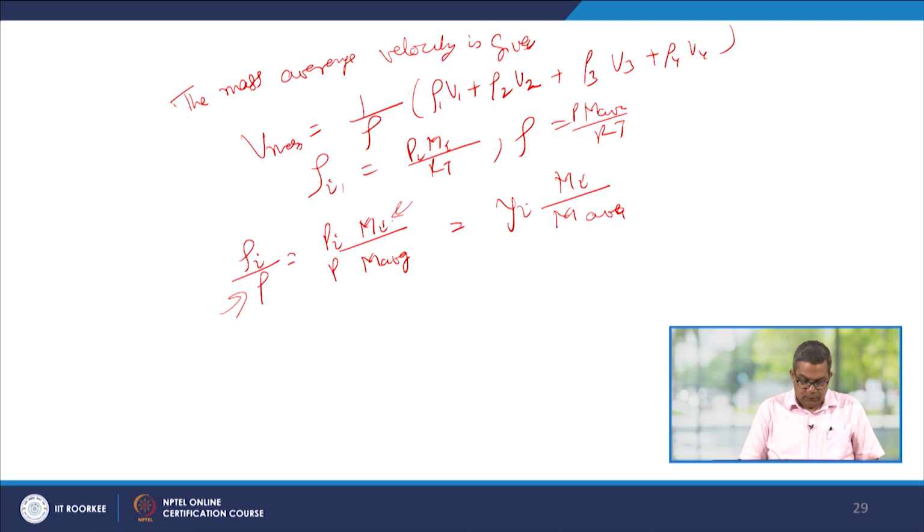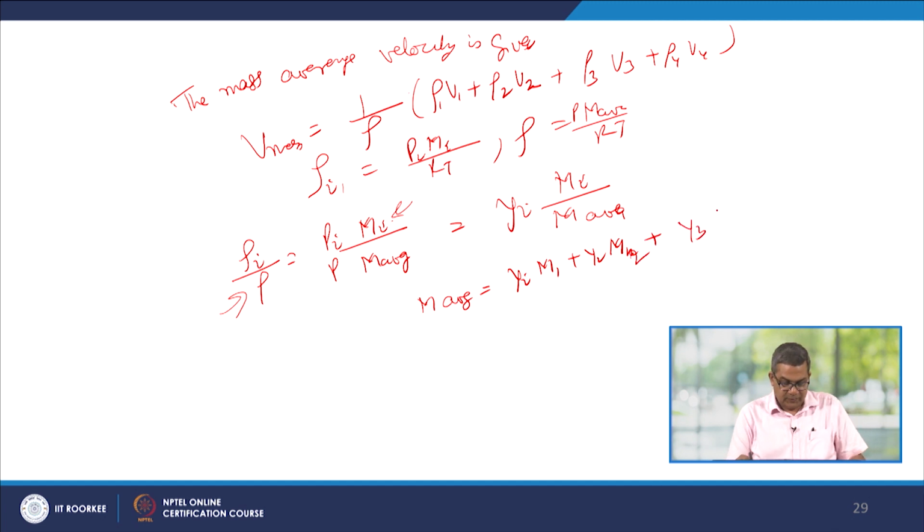Now, if we put all the values, M average is equal to y1 M1 plus y2 M2 plus y3 M3 plus y4 M4, and if we substitute the values, 0.15 into 2 plus 0.3 into 28 and so on, this comes out to be 24.9.